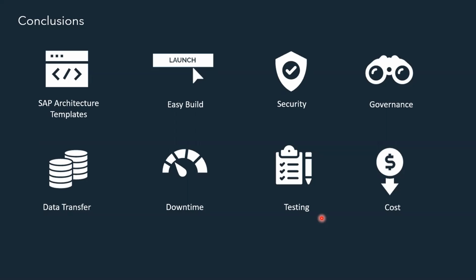You can conduct testing against your SAP workload on AWS, even pen testing, performance testing, beta testing. All those testing can be done in AWS, and you can even have a test environment set up on AWS. And the beauty is, when you set up a test environment on AWS, you will only pay for what you use.